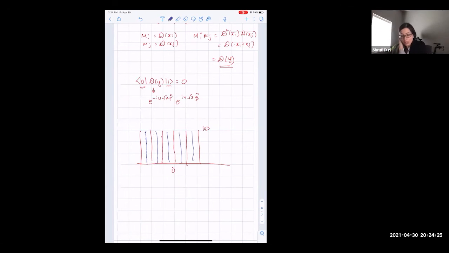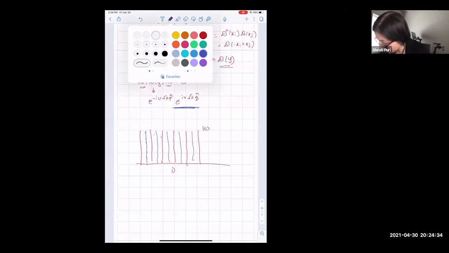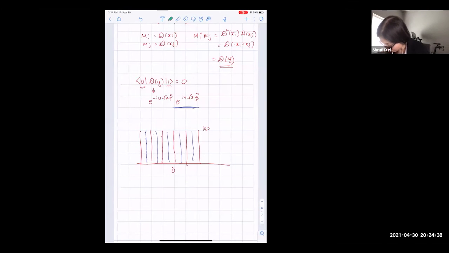Now say I apply this onto the 1 state, then some of these states are going to pick up some phases. The amplitudes are going to get, say, negative or some other phase. Some of these peaks pick up some phases.